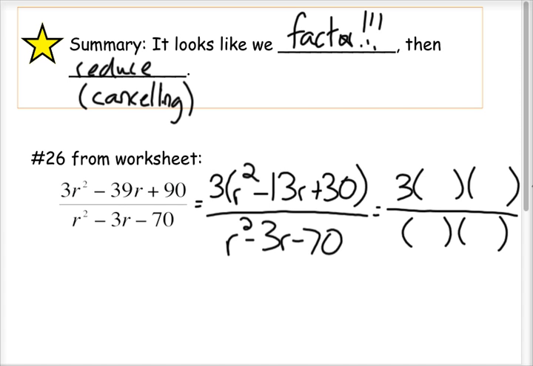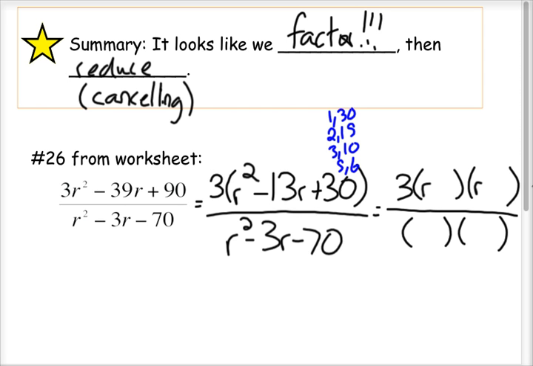Again, that r squared has an a term of 1, so this is going to be one of our nice cases. That means we're getting r and r, and now we just focus on the 30. So 1 and 30, 2 and 15, 3 and 10, 5 and 6.